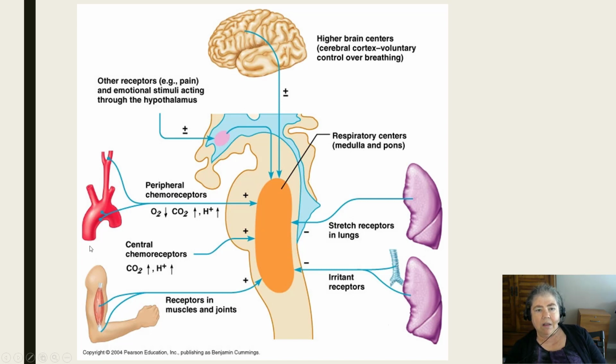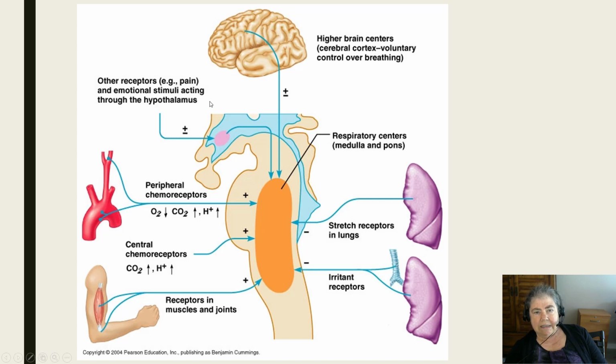And all of these receptors are sending information, and the cortex, higher centers, because as you know, you can voluntarily control breathing to a point. You can slow your breathing down or speed it up. You can make yourself hyperventilate to a point.